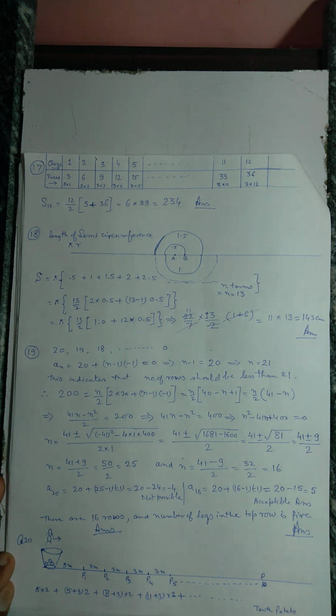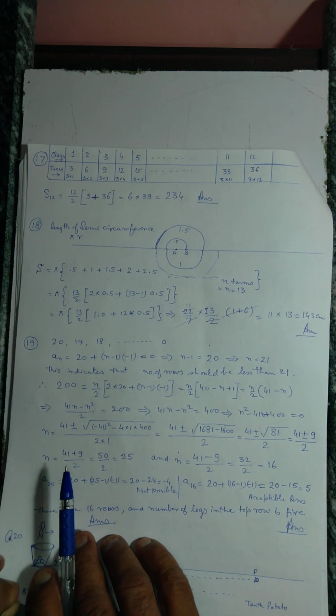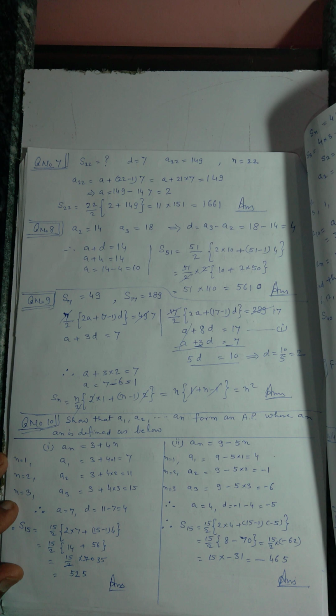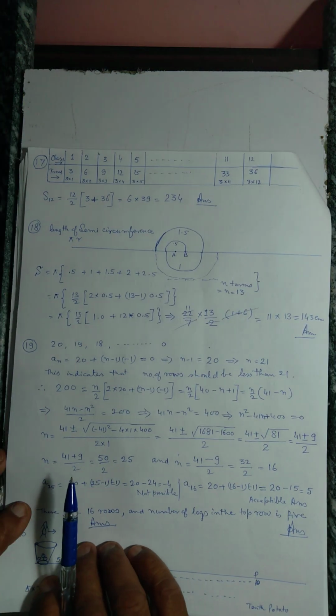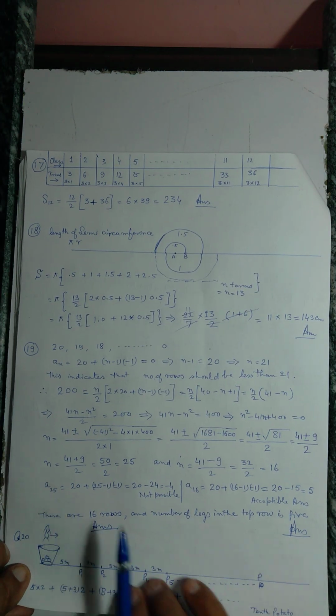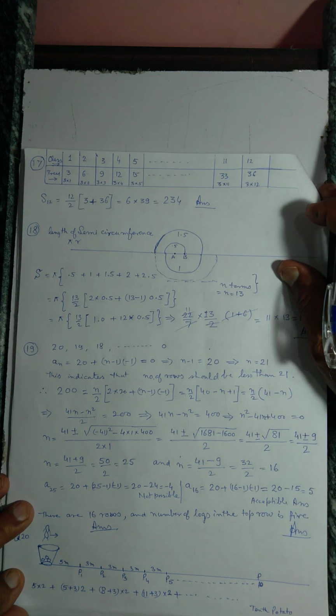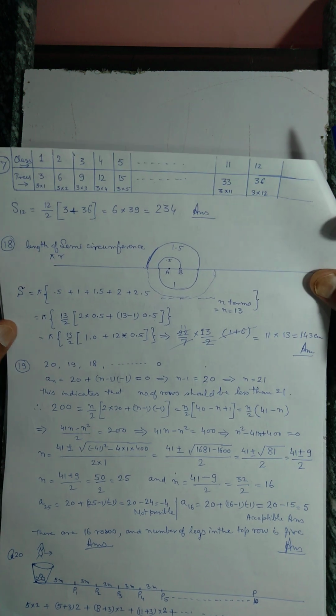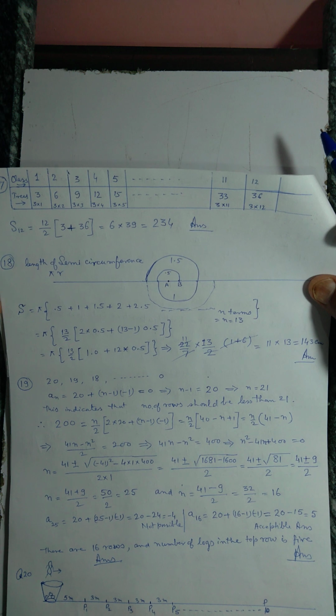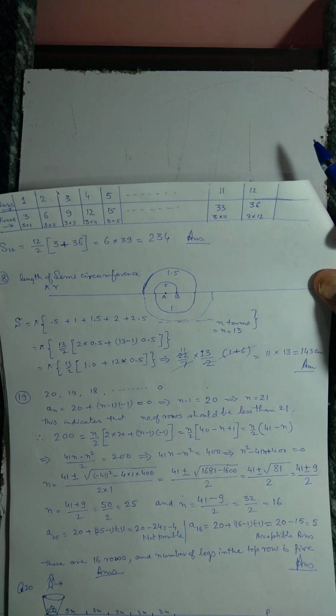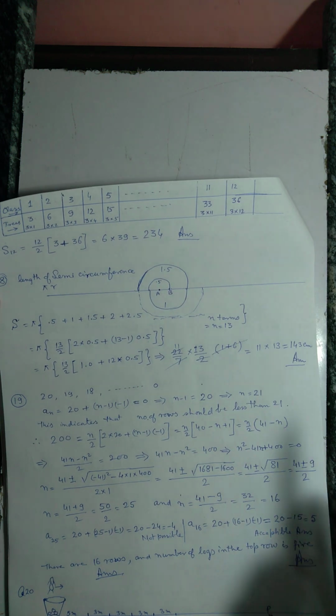If each prize is rupees 20 less than its preceding prize, find the value of each of the prizes. You see, this question number 16 has been, by mistake, missing here.